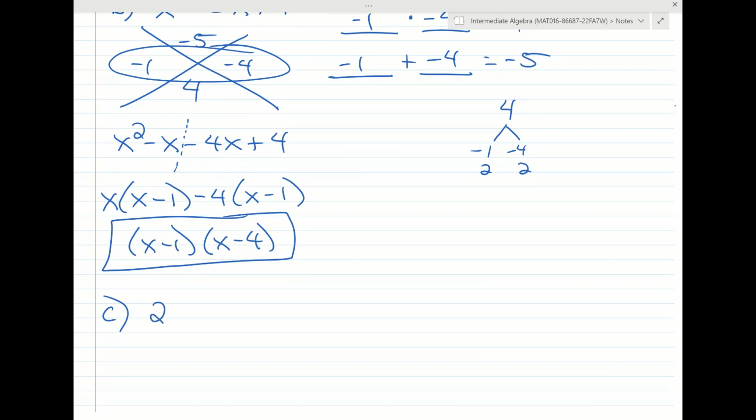Let's mix it up a little bit. How about 2x squared minus x minus 3? All right, can you guys take a minute and do the same thing? Obviously, the difference here is the front number is not 1, but you're still doing 2 times -3, and everything else is exactly the same.